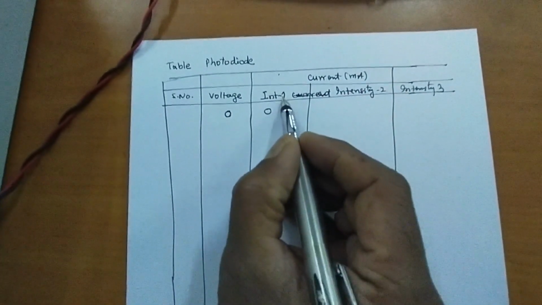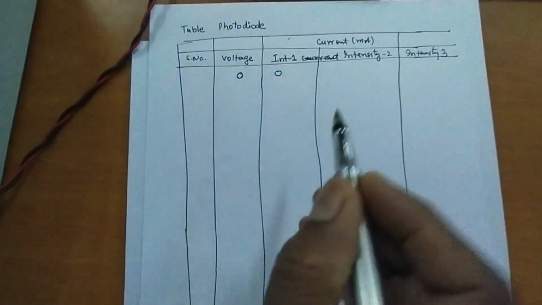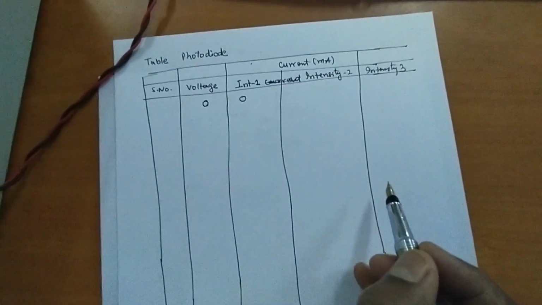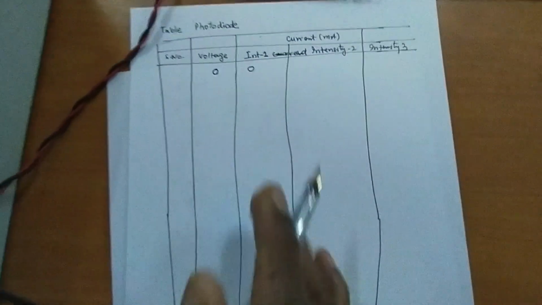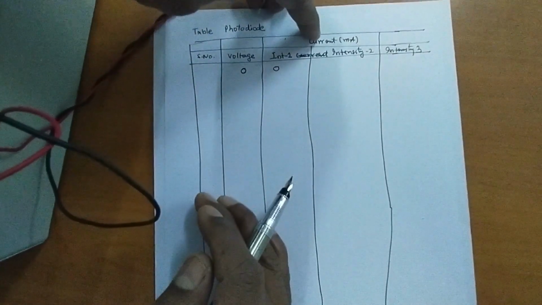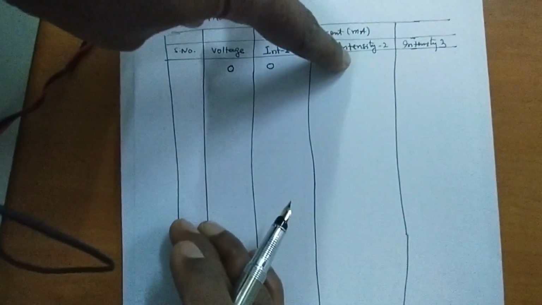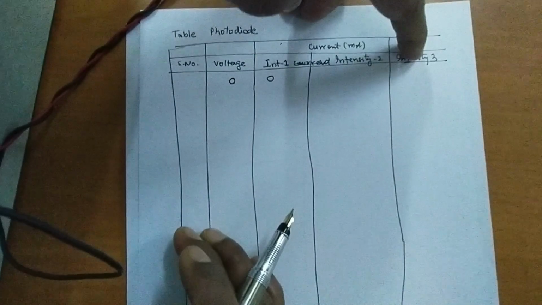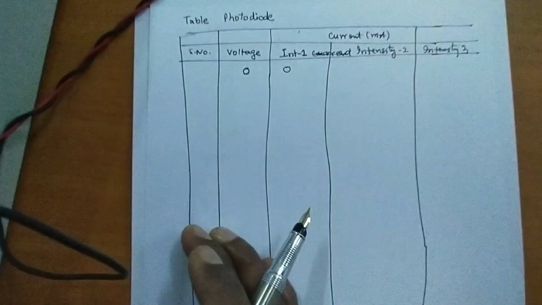I am taking intensity 1, I will do the experiment, and intensity 2, intensity 3, and then I draw a graph. So this is the fixed intensity, how the current is varying. And this is intensity 2 and how the current is varying. Similarly, intensity 3 and the current value we note it down.